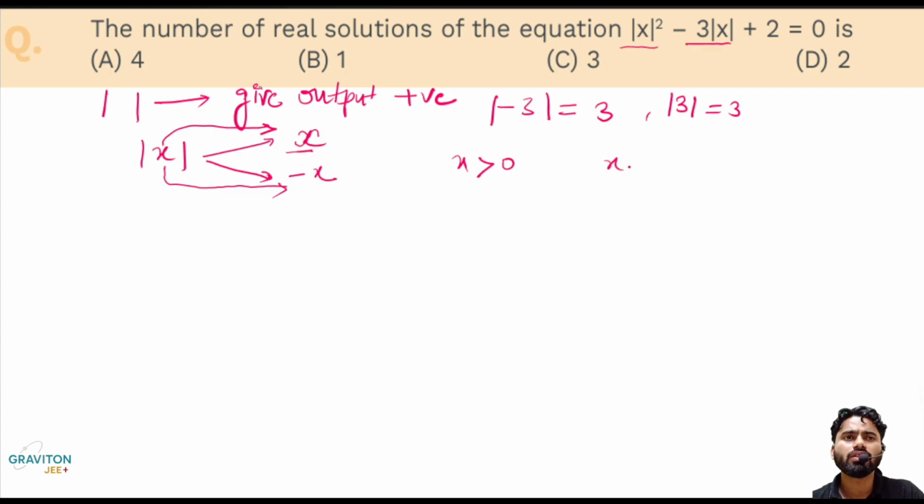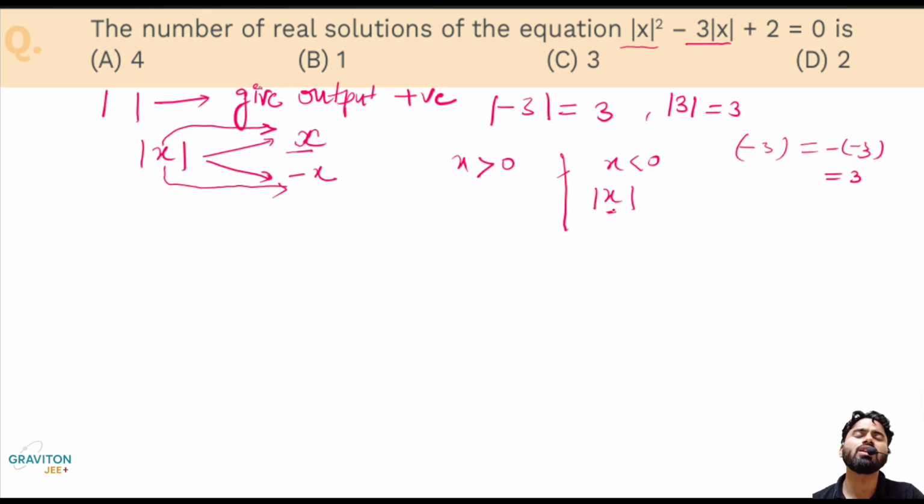If x is negative, then the expression inside the modulus is negative. To make any negative number positive, you have to multiply it by negative, so you multiply the expression inside the modulus by negative, and this will be minus x.